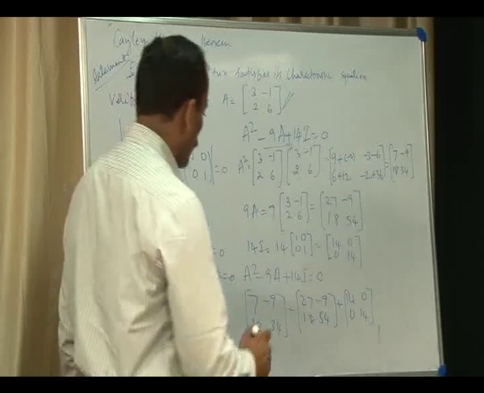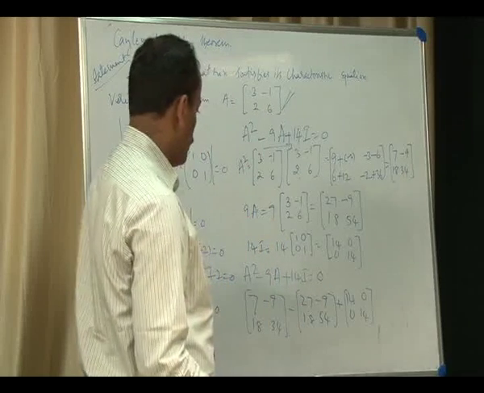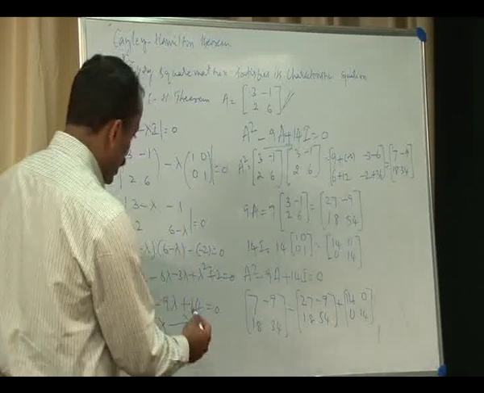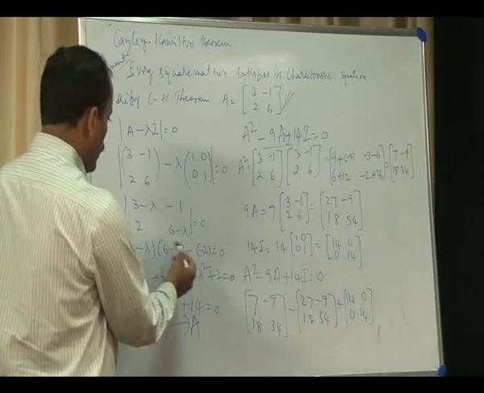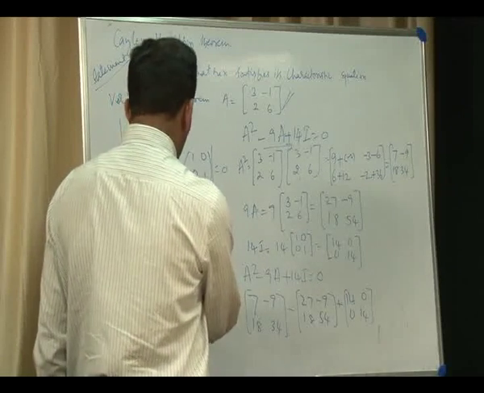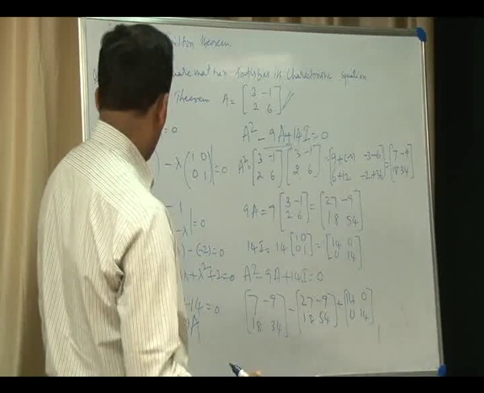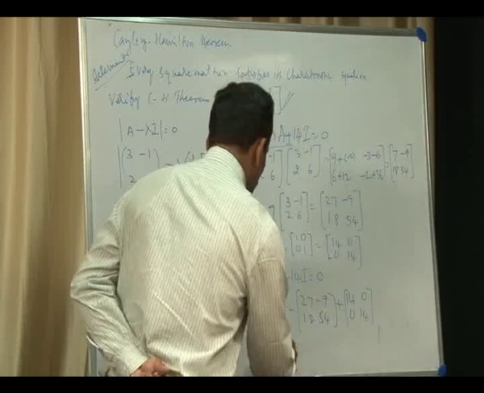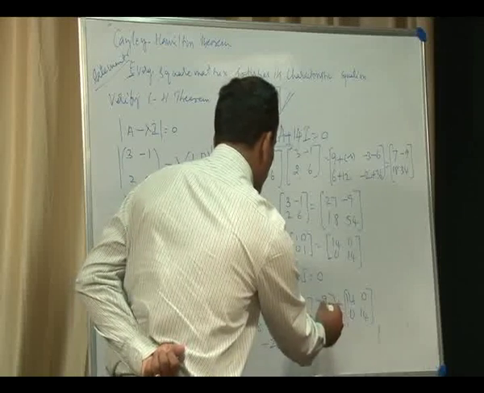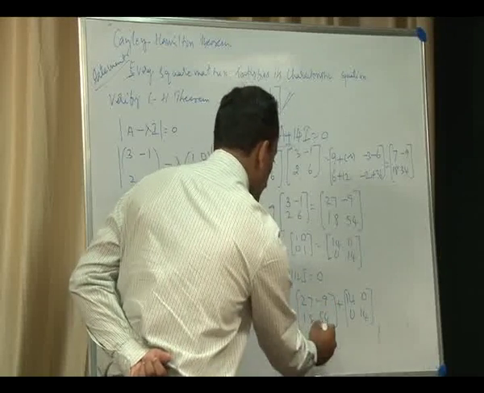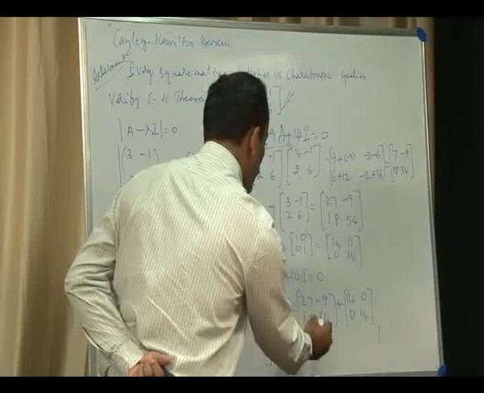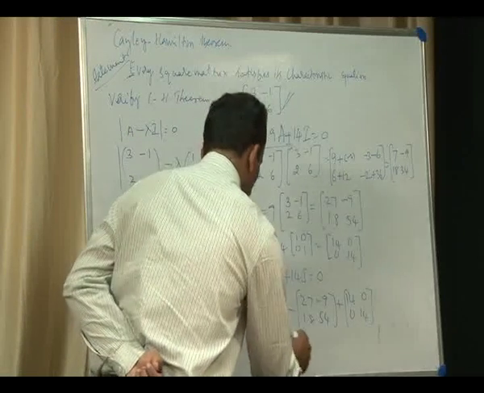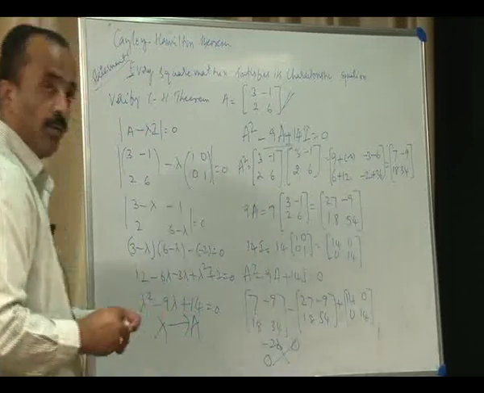Okay, let us see. 7 minus 27 is minus 20. Maybe something is wrong in the characteristic equation. 12 plus 2 is 14. Okay. 7 minus 27 is minus 20, minus 9 minus of minus plus 9 is 0, 18 minus 18 is 0, 34 minus 54 is minus 20, minus 20 plus 14, something is wrong here.